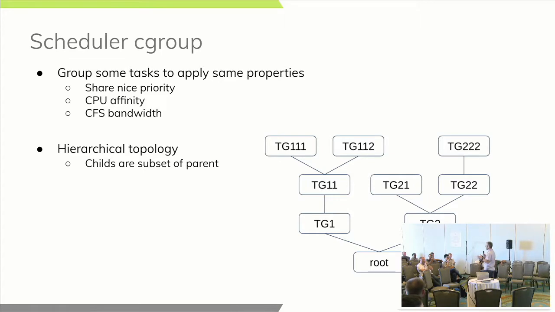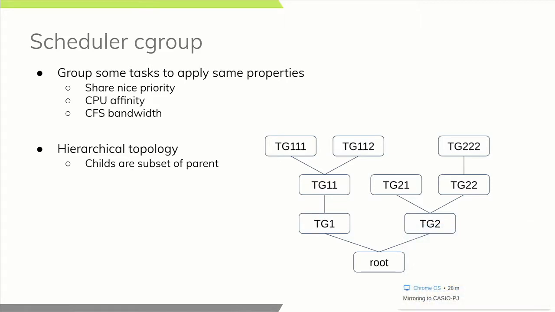So the goal is that from a system point of view, this user, whatever the number of tasks, should have the same amount of time as another user, even if the other user has only one task. So for this case, we are creating two groups, TG1 and TG2. And we can set the priority. So these tasks are seen as a scheduling entity at the parent level.